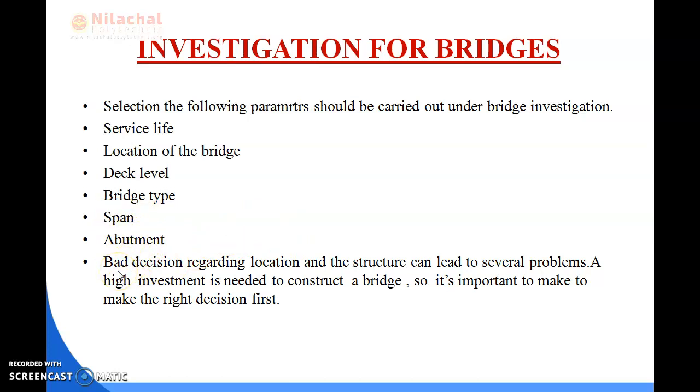And basically the most important thing is that a bad decision regarding location and structure can lead to several problems, because a high investment is needed to construct a bridge. Okay, so it's important to make the right decision first. It is the main thing for an engineer.